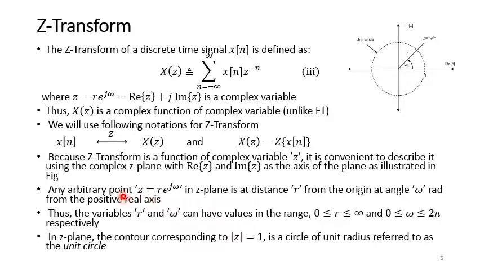Any arbitrary point z equals r e^(jω) in the z-plane is at a distance r from the origin. This is the origin, right?